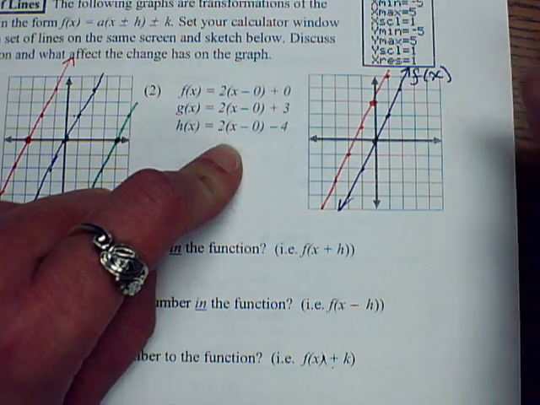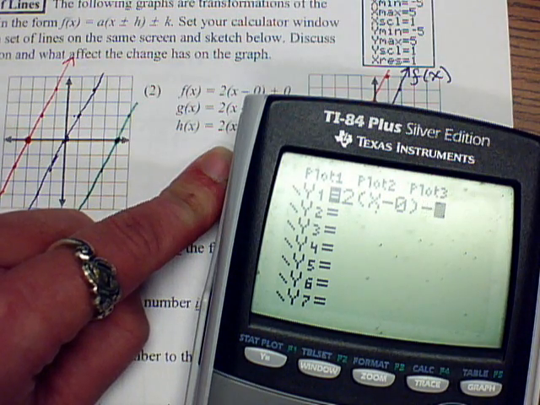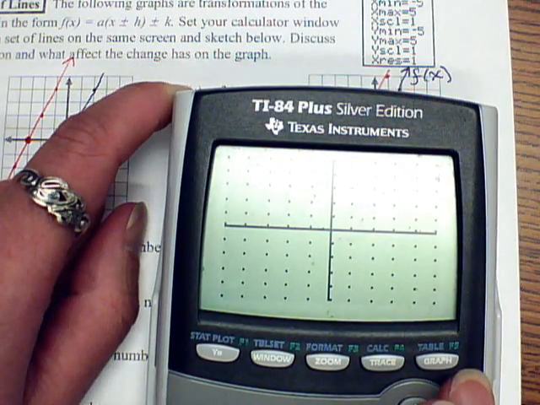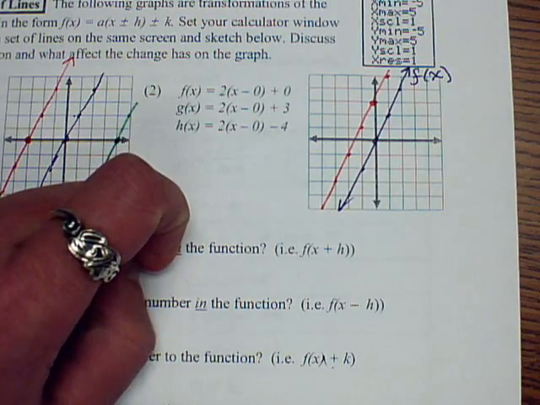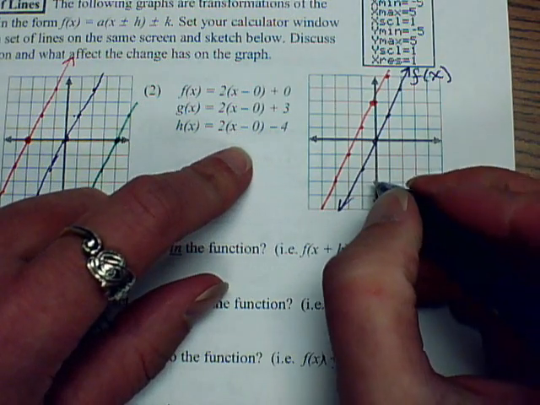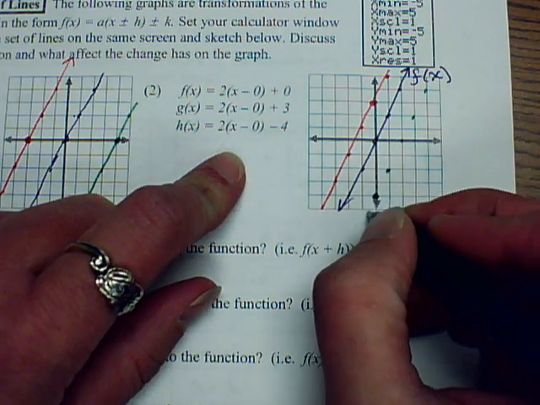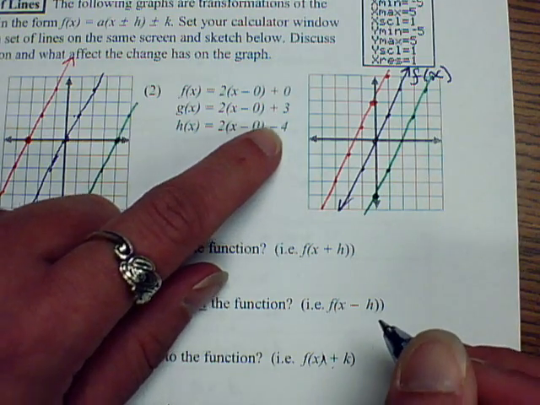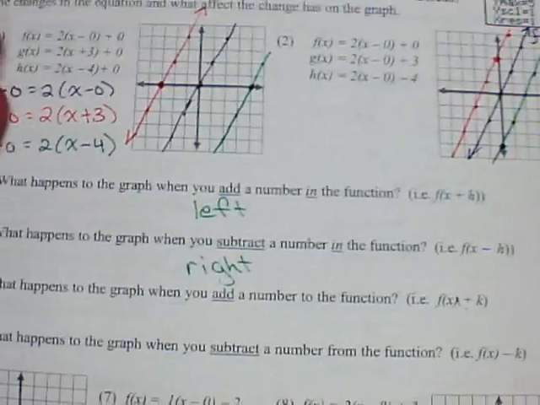Huh. Watch what happens when I change it to minus 4. That moved it down 4. So when we add or subtract stuff at the end, it's moving the line up or down. When we add something, it moves it up.